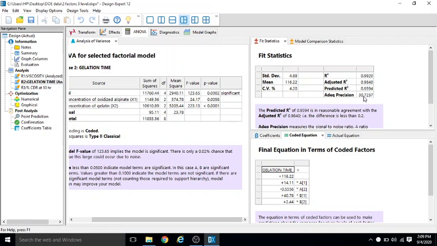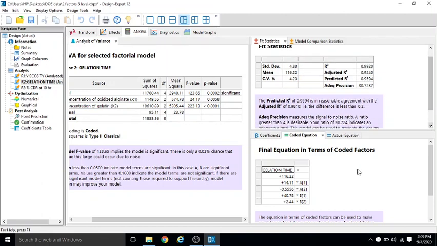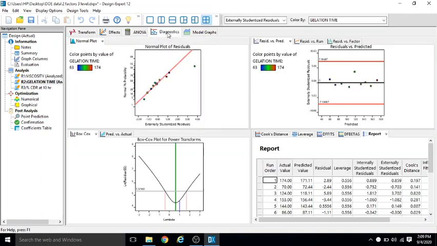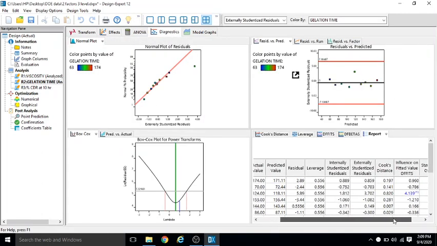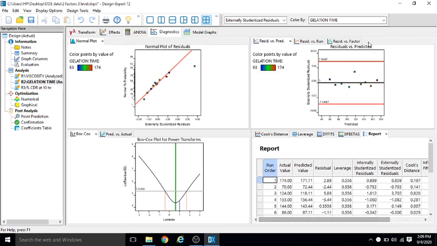Adequate precision is 30.72, that is way more than 4. So the data which we have collected is correct. You are getting the equation here, right? This particular equation is for gelation time. Click on the diagnosis and the same set of data and graphs you are seeing here.